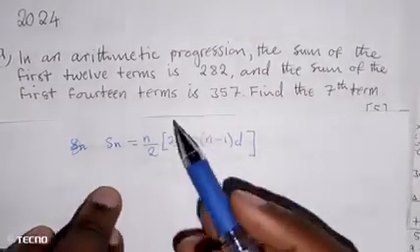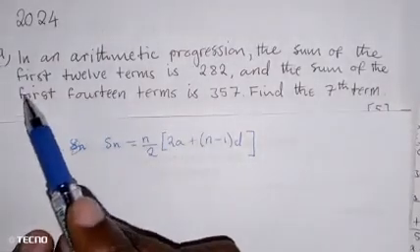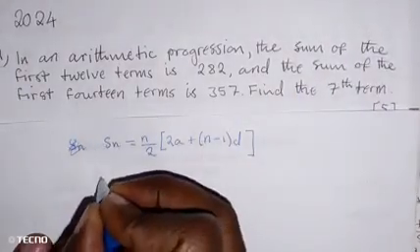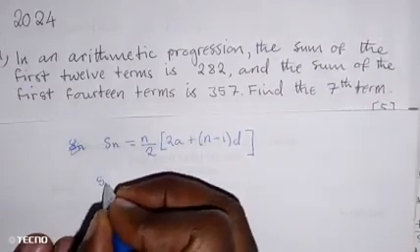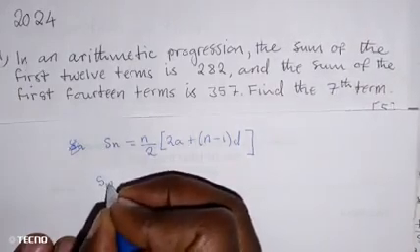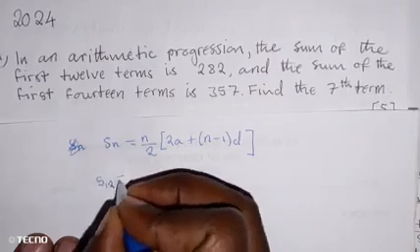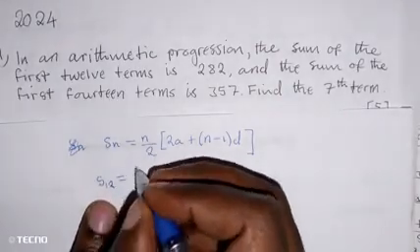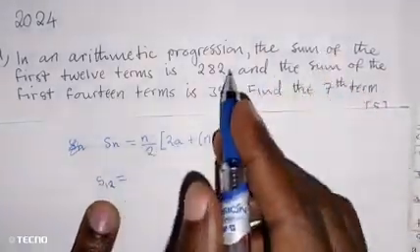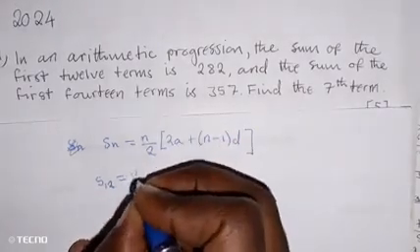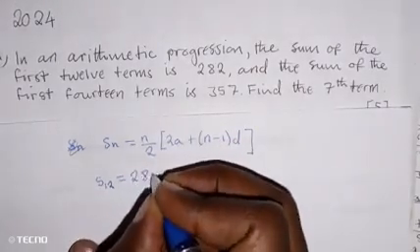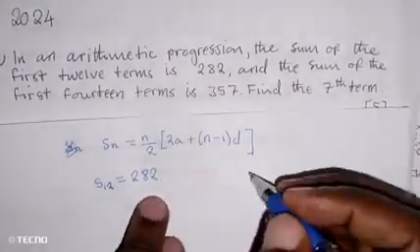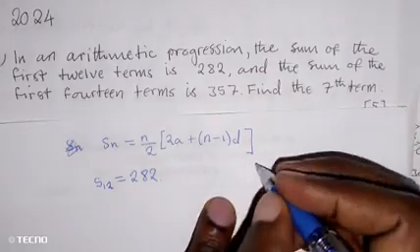Now here what we have been given is the sum of the first 12 terms, where n represents 12, is equal to 282.